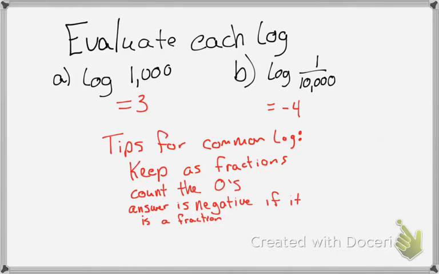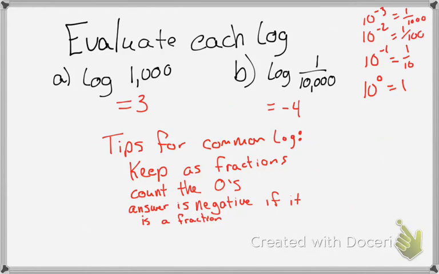Another way you can do it is to make a table where you know 10 to the 0 power is equal to 1. If I was trying to get smaller, I would have 10 to the -1. Like we discussed in the exponential function, we would get smaller. So I'd have 1 over 10. 10 to the -2 would give us 1 over 100. 10 to the -3 would be 1 over 1,000.